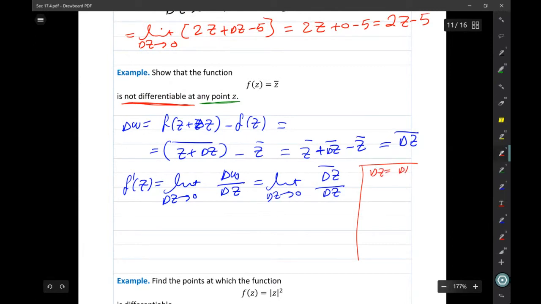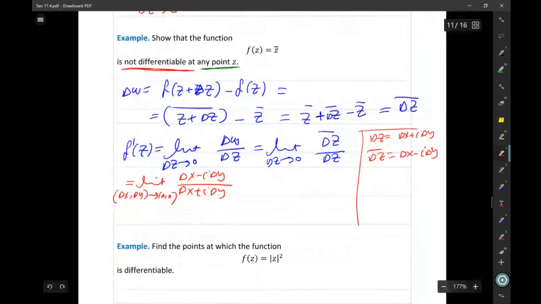Delta z is equal to delta x plus i delta y. Delta z conjugate is equal to delta x minus i delta y. So this limit becomes the limit of delta x minus i delta y over delta x plus i delta y, where delta x, delta y go to 0, 0.